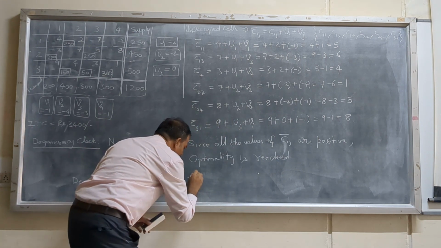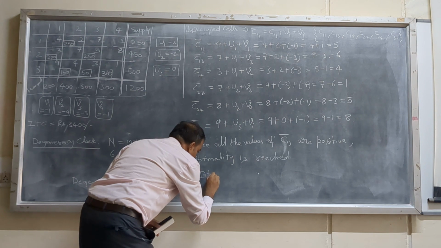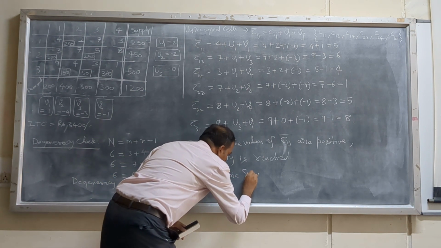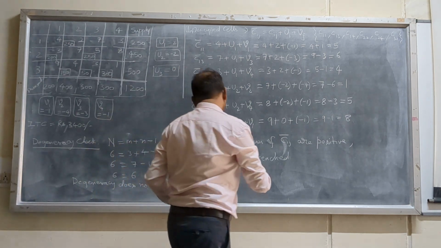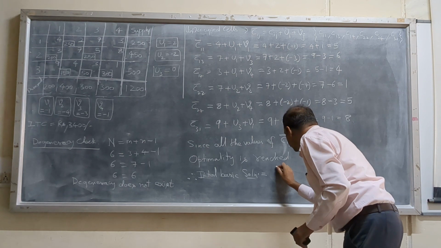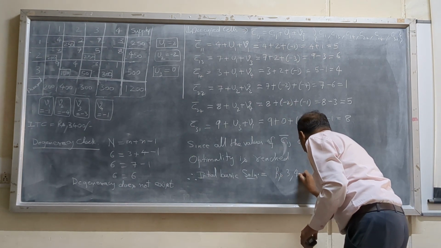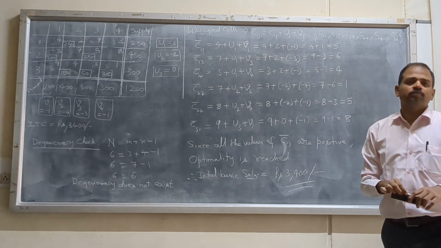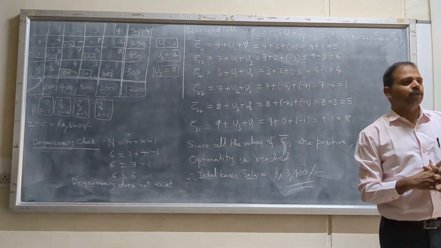Therefore, initial basic solution is equal to rupees 3,400. I hope it was clear, you have understood it.